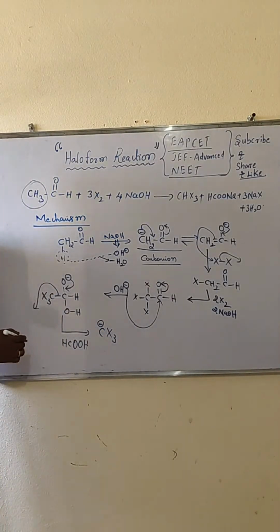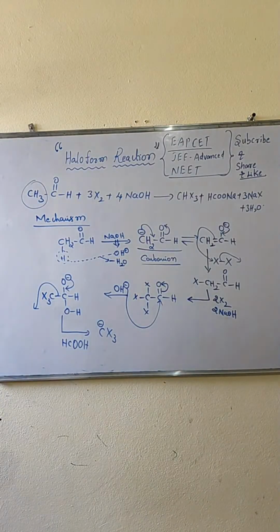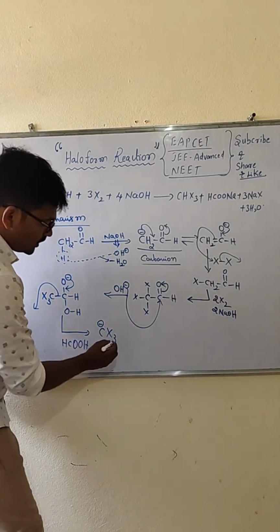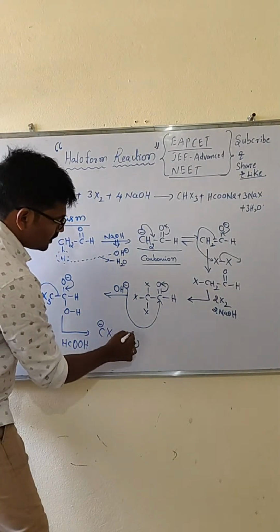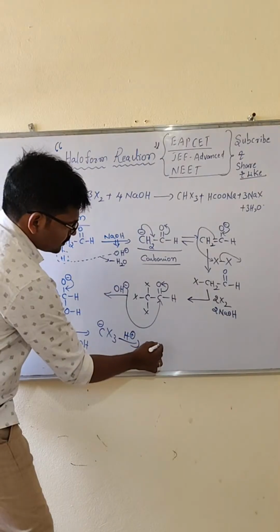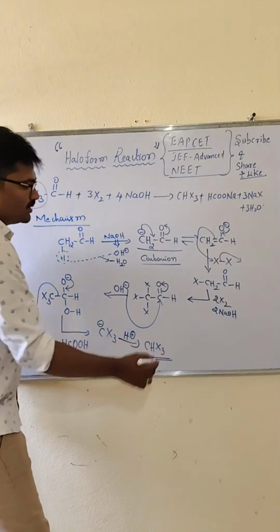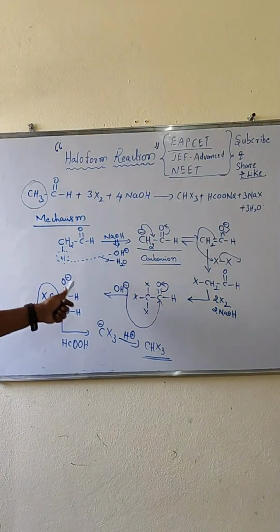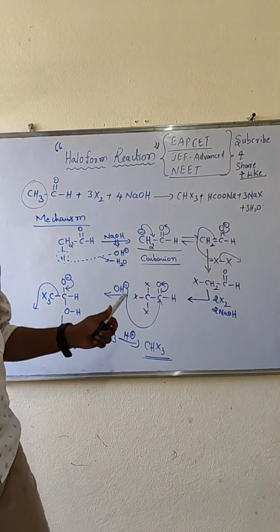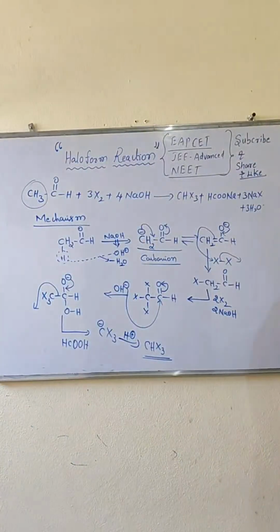The bond is shifted onto the carbon atom, C minus X3. Once protonation takes place, CHX3 will be formed. This is haloform. This is the mechanism of the haloform reaction, my dear students.